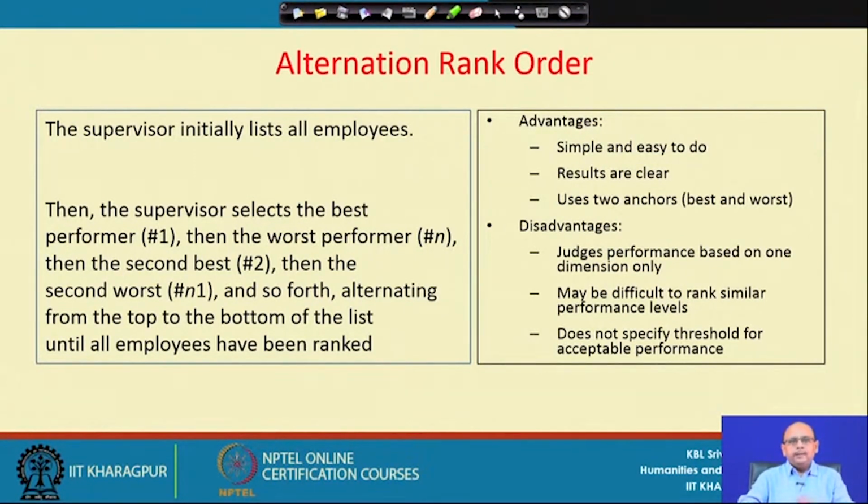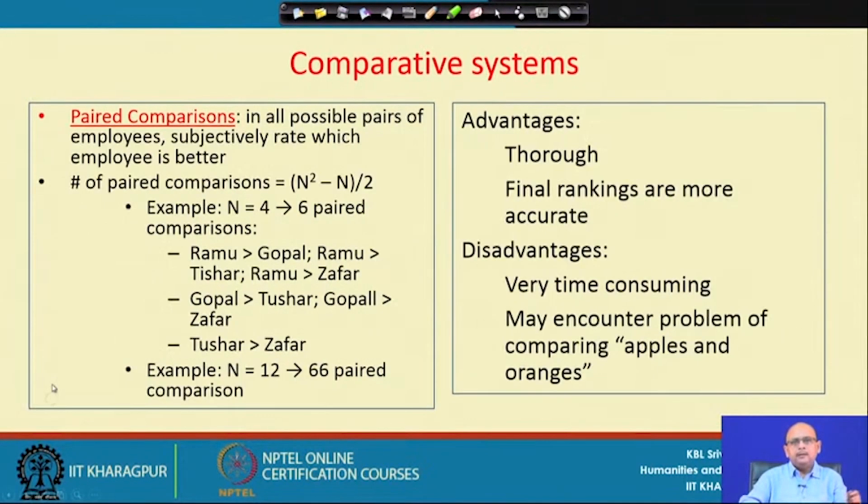Alternating from the top to the bottom, the list of all employees is prepared and ranked. Again it is simple and the results are clear, and you have 2 anchors, best and worst, but again it is based on one dimension only. Those with similar performance are sometimes very difficult to rank, and you are not able to specify the threshold for acceptable performance, because that could be used for taking certain administrative or developmental decisions.